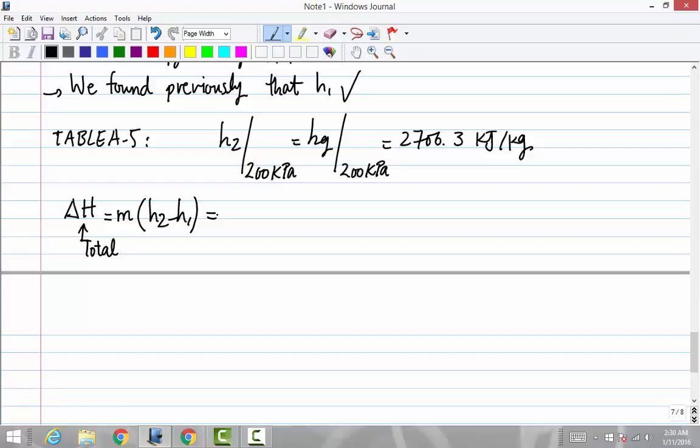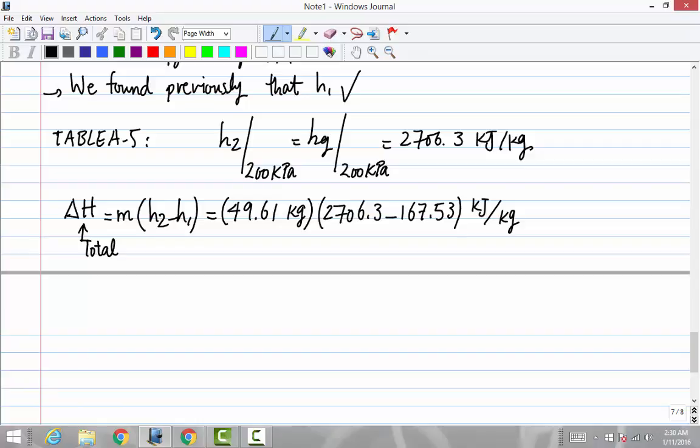We found this before, that mass is 49.61. 2706.3 minus 167.53 kilojoule per kilogram.